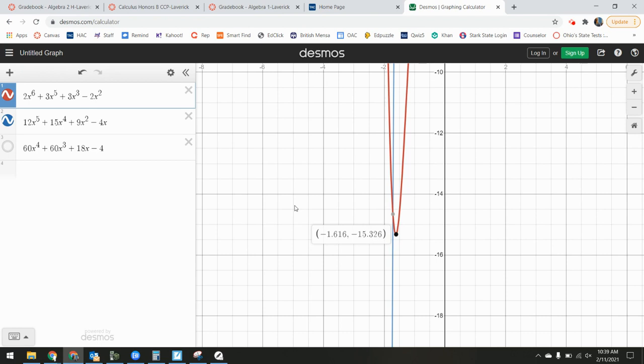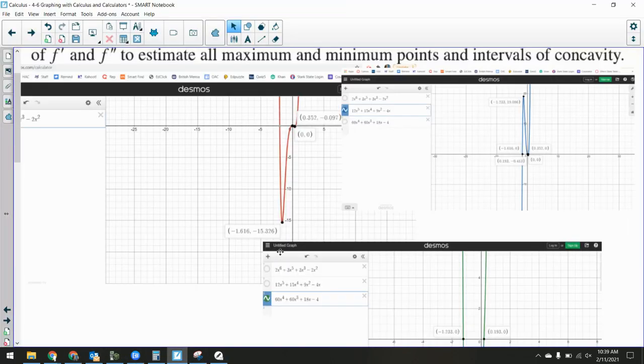Like how the x values all match up. You know what I mean? How the x value matches -1.616, -1.616. I want you to show that those actually are equivalent to one another. And you can use that to write out your intervals of increase and decrease, and your intervals of concavity.